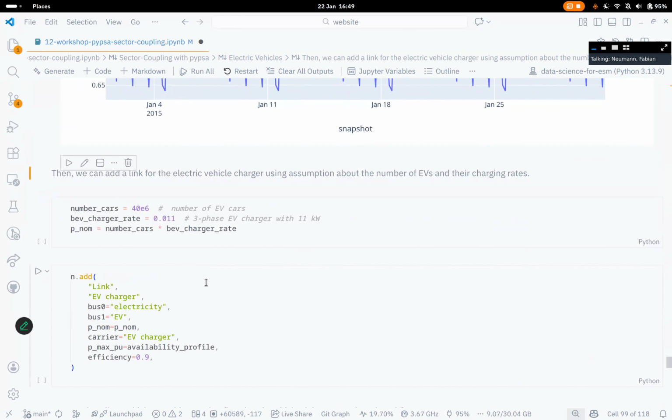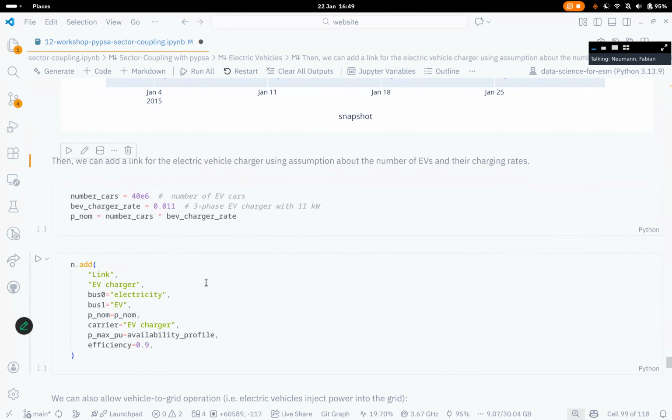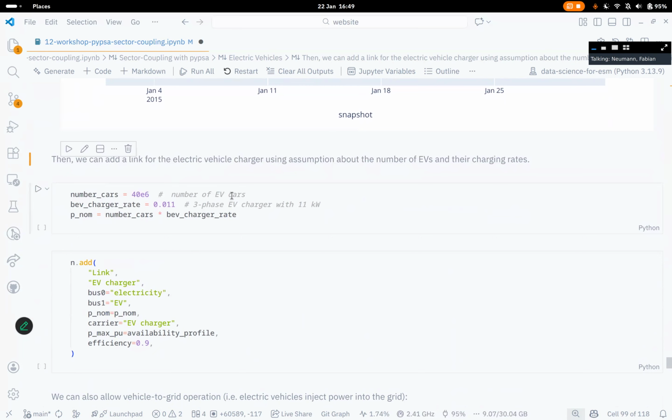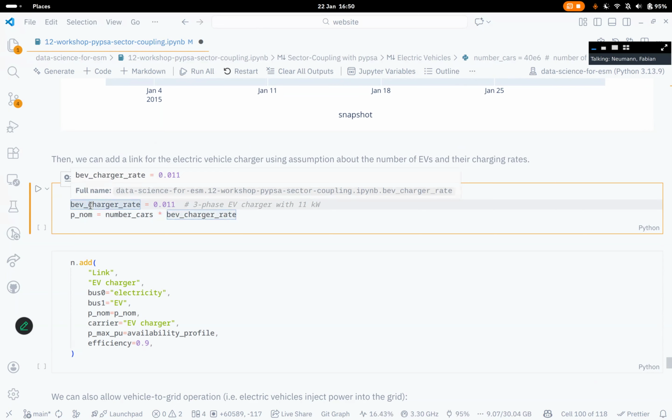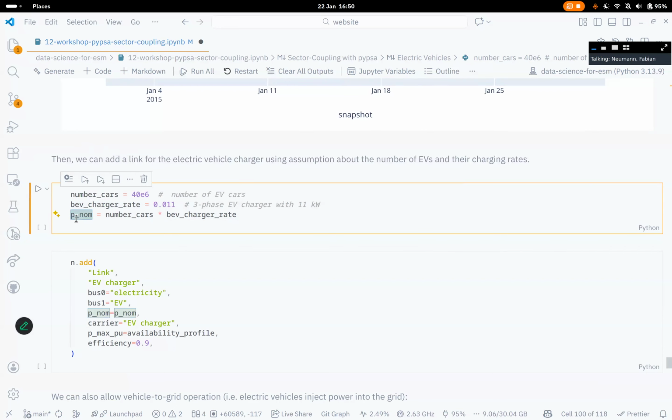So what we can do is, first of all, calculate the total power by multiplying the number of cars with our assumed charging rate here of 11 kilowatts.